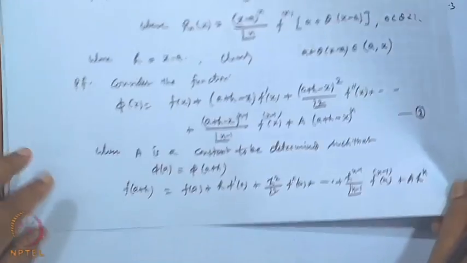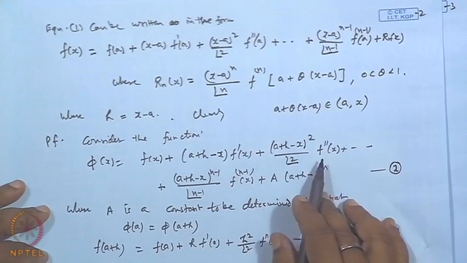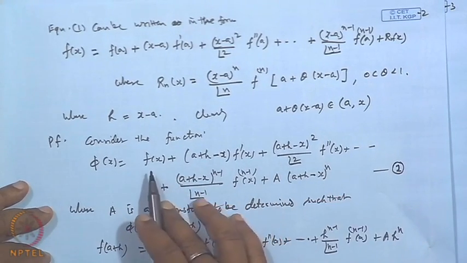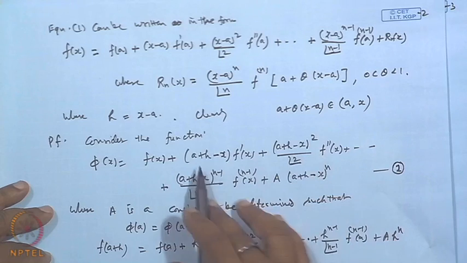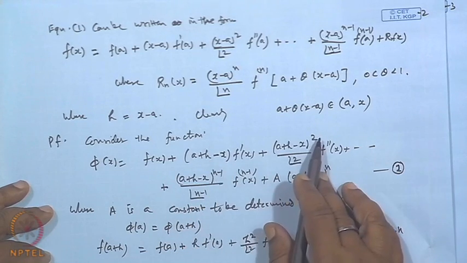If you look, the function phi is an expression which involves the function f(x) and terms like (l minus x) or (l minus x) square and so on.